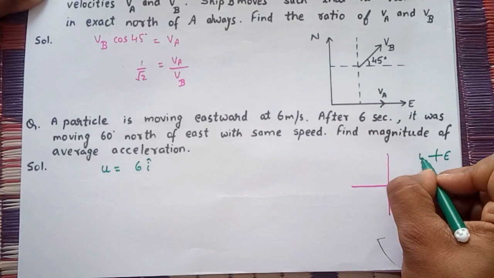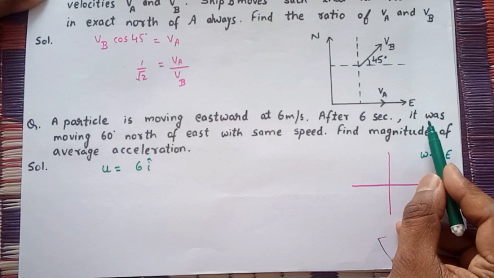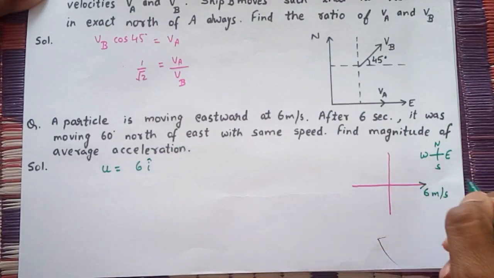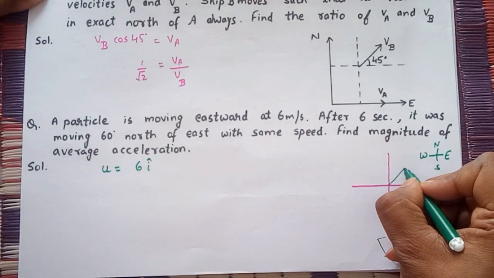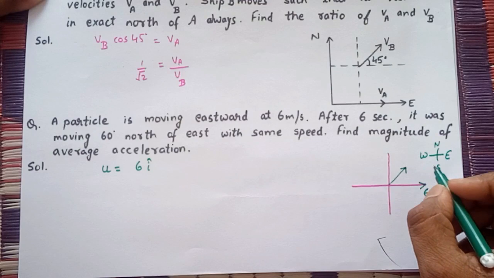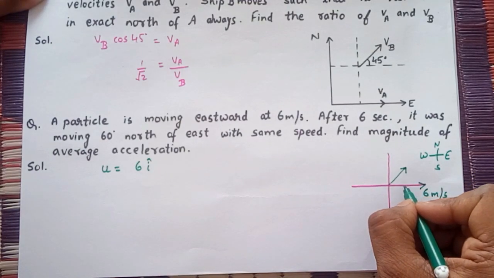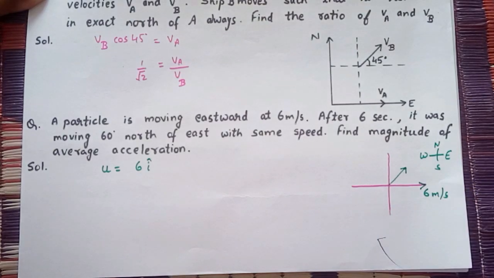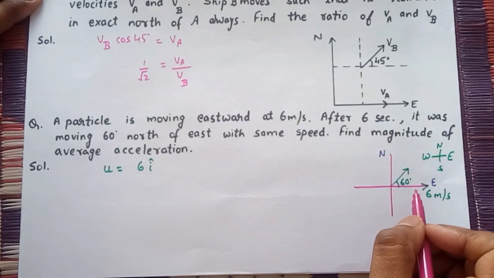and after 6 seconds it was moving 60 degree north of east, means this is east and this is north, so it comes here and moving in this direction 60 degree north of east, so making the angle of 60 degree from east direction towards north direction.